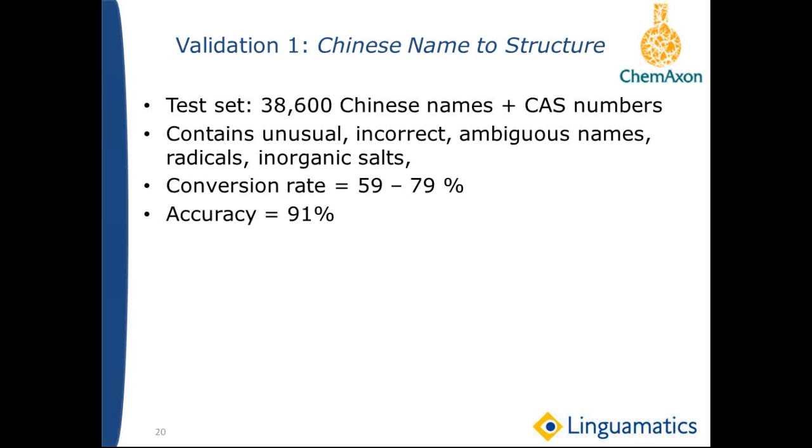And the conversion rate depends on how you want to count it. If you only do the Chinese name to structure conversion, the rate is about 69%. But if you consider the structure can be converted from the English name, it's about 79%. The overall accuracy is about 91%.